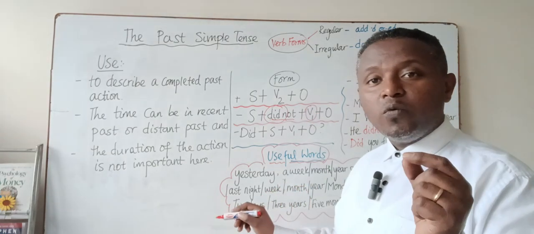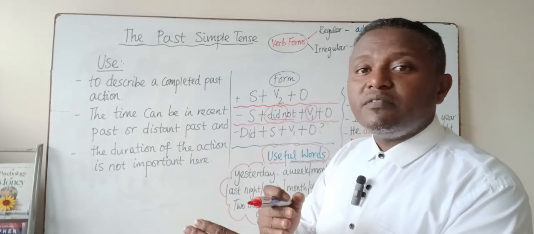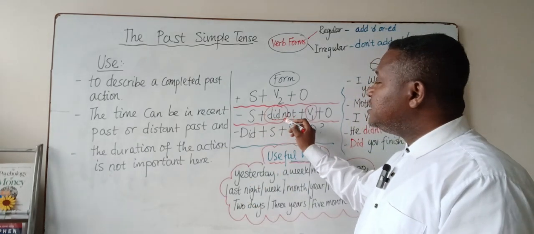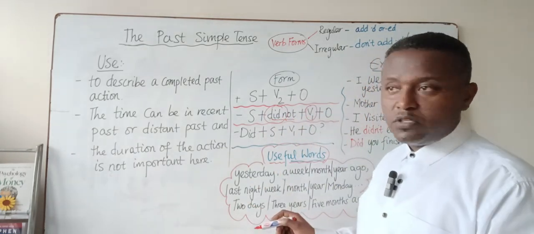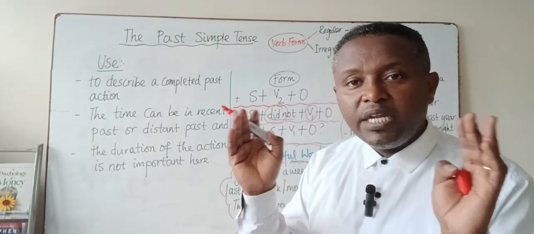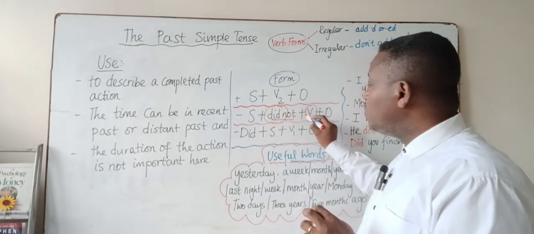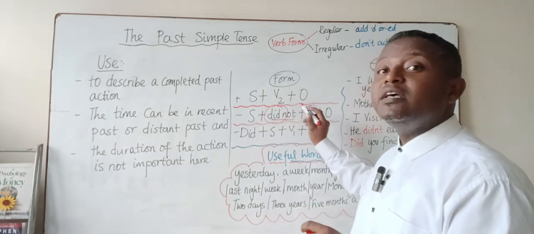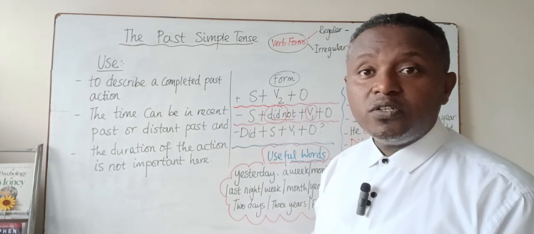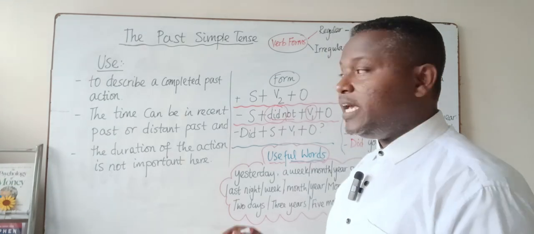If we put in did to carry the negative, we revert the verb 2 form into verb 1, and then it becomes I did not go to school. We use the V1 because we cannot use two past forms in a single sentence. That is wrong. So to avoid that, if we put did here, we use the verb 1 form of the main verb. So I did not go to school. I did not eat my dinner. I did not watch football yesterday, etc.